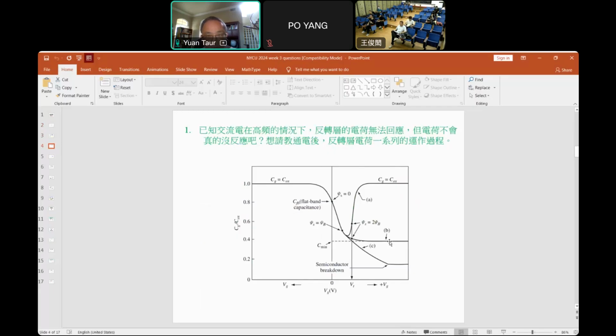For example, when the gate is in the positive cycle, then the inversion charge will be closer to the oxide versus the other side. But the magnitude of inversion charge doesn't change. In other words, the total inversion charge doesn't change with time at the AC signal, but the distribution may change. Okay, so that's the answer to that. There's actually a reference for that, but we don't bother to discuss it here.